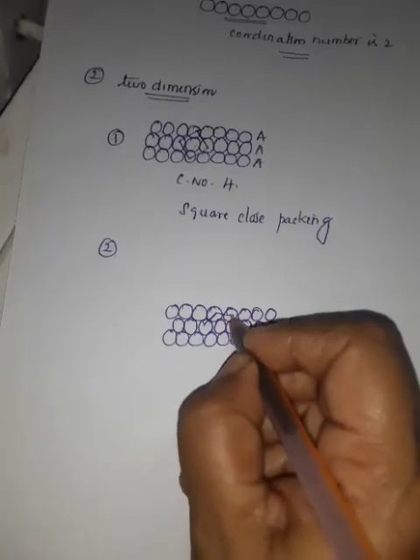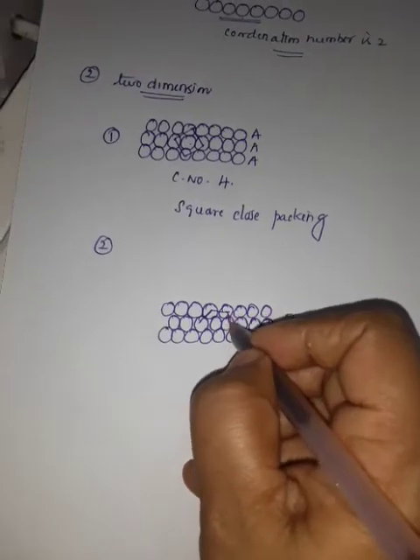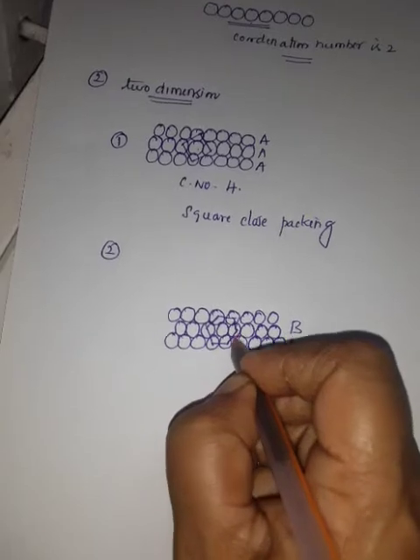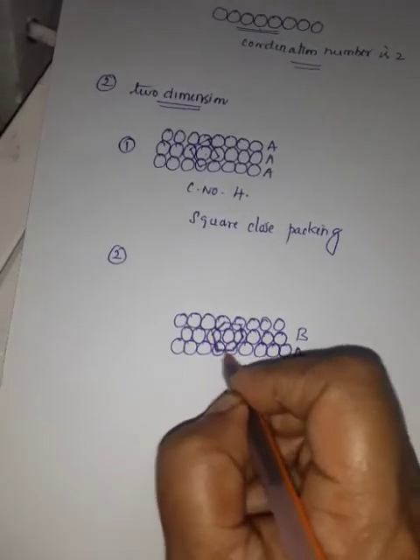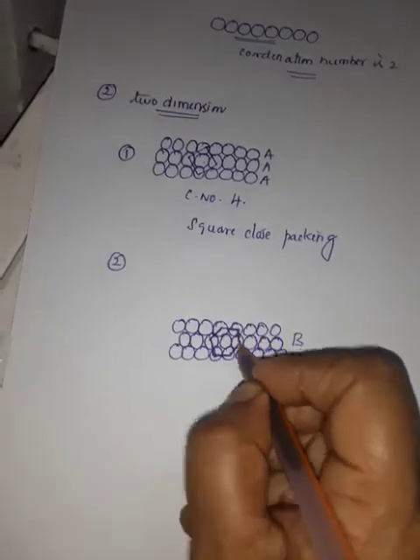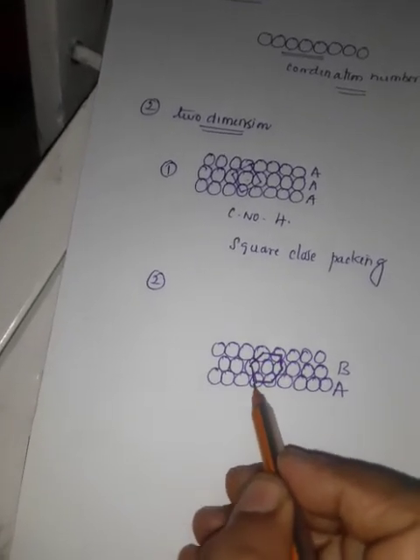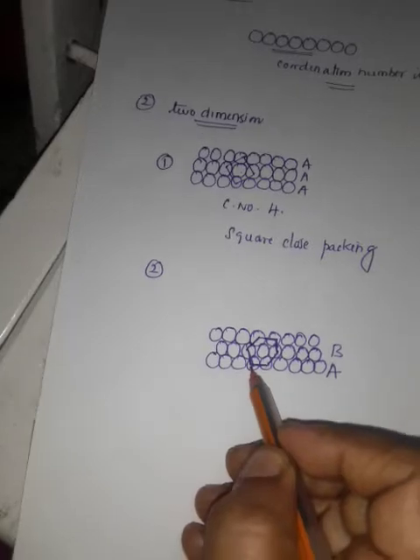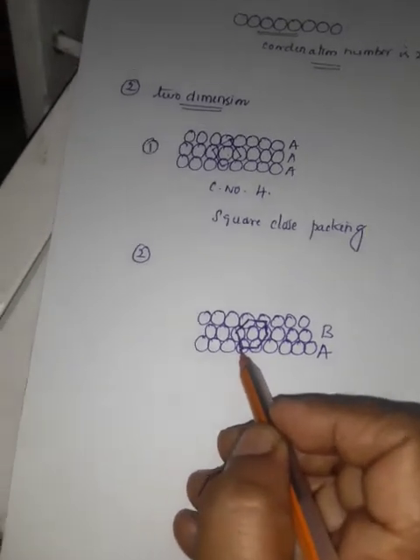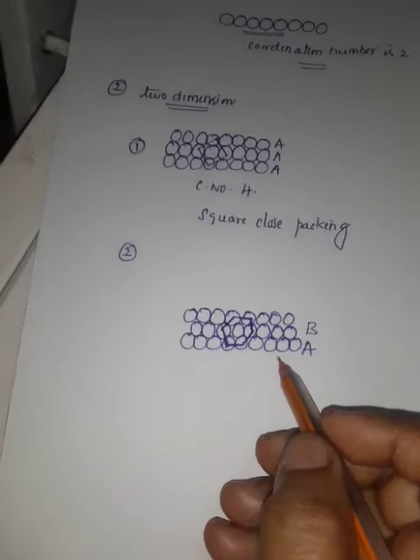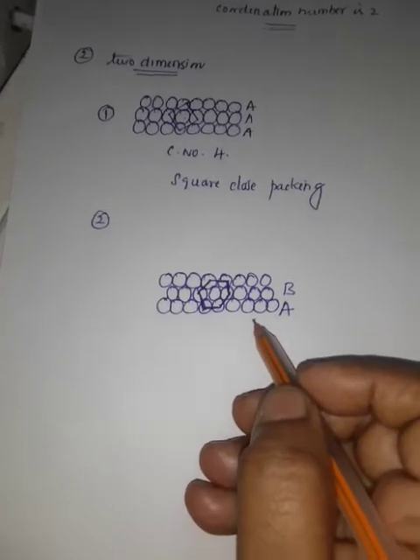1, 2, 3, 4, 5, 6. So the coordination number is 6. Each sphere is in contact with 6 of its neighbors and its coordination number is 6.